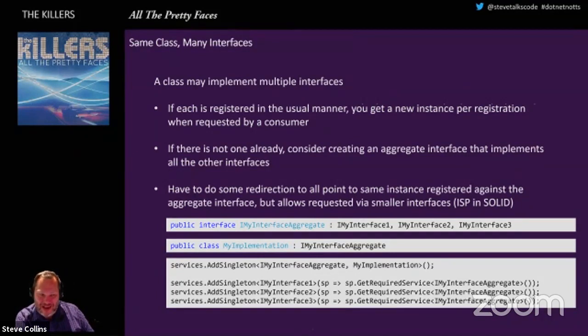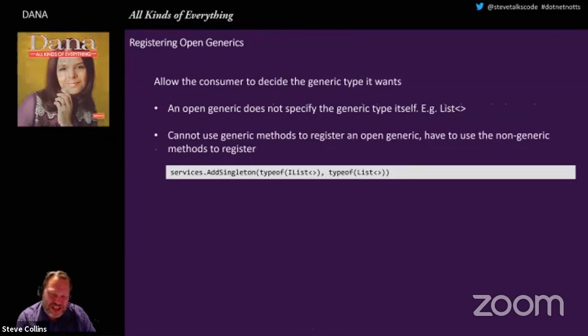So if there's no questions on that slide, I'll move forward. Open generics. So obviously you've got generics, lists, dictionaries. So you have a list of T, queue of T, etc. Now, normally you wouldn't actually register lists as such within your container, generic ones. Two approaches you can take with it. You can effectively make a closed generic.